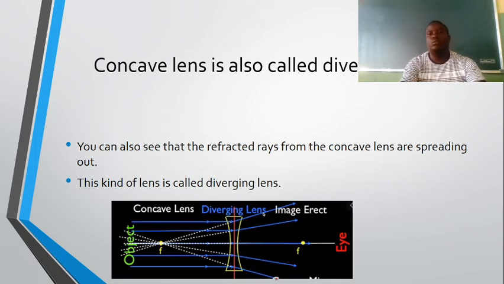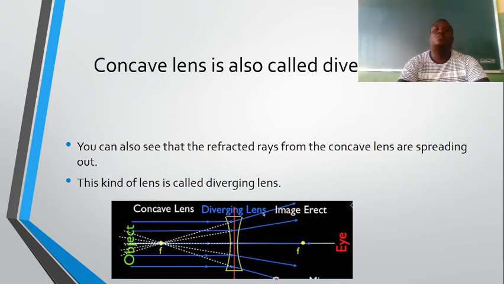The second lesson after this will be concerned with the refraction of light through lenses. This will give us many rules that we follow when we try to trace rays refracted by lenses, both the diverging and the converging lenses.